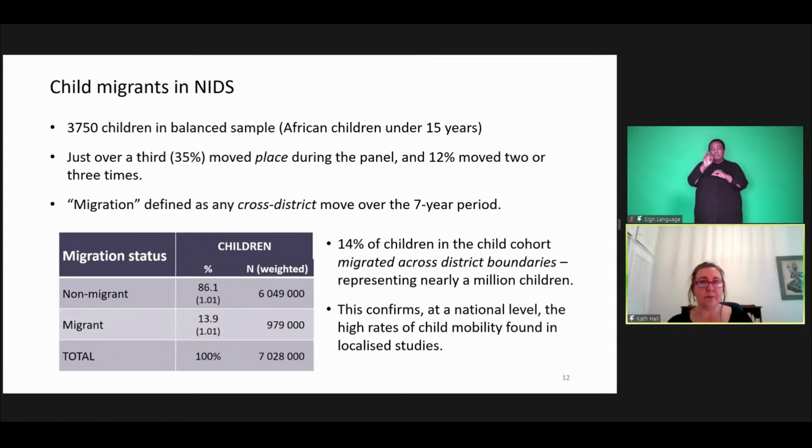And then using migration, defining, as I said, as any cross-district move, a bigger move, 14% in the childcare cohort migrated across district boundaries. And if weighted, this represented nearly 1 million children. It confirms at national level the high rates of child mobility found in localized studies.